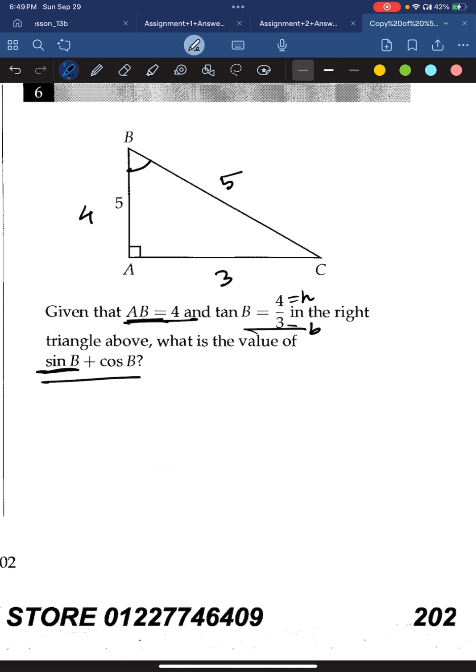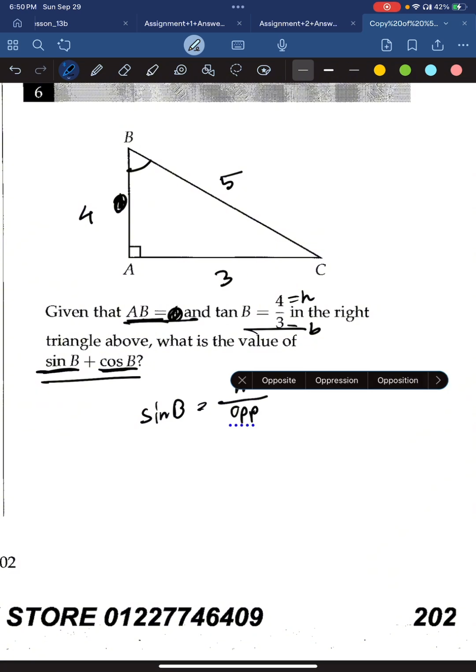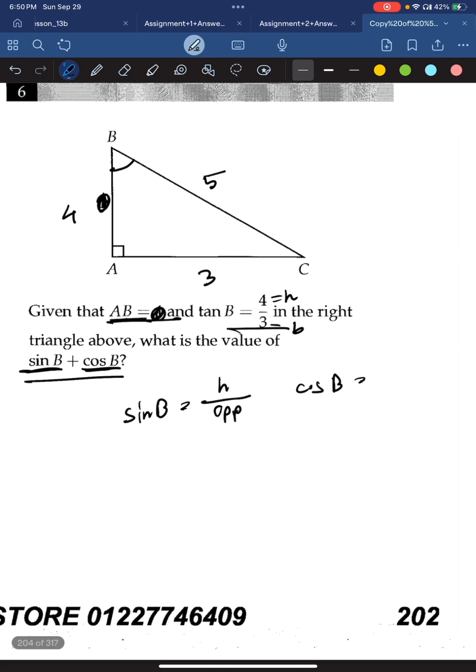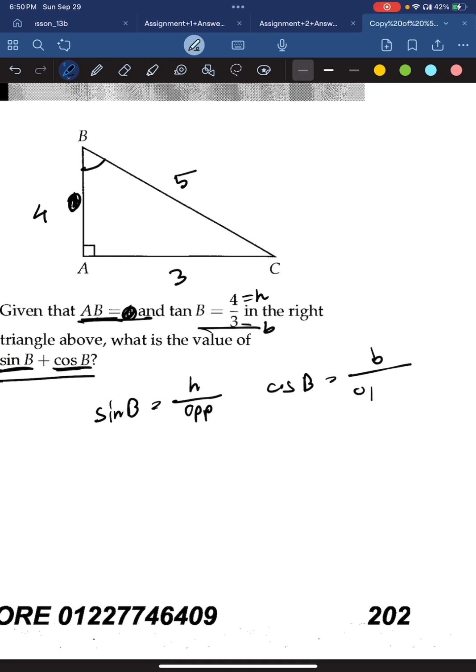As we have to deal with sine and cosine, we don't have to worry about the actual length. We don't need this, just cross it out. Let's find sine B. Sine B should be the height divided by the opposite. What's cosine of B? It should be the base divided by the opposite. What's the height here? This is the height here, and this is our base here because the angle is here.